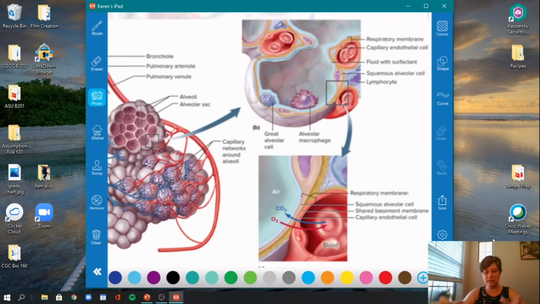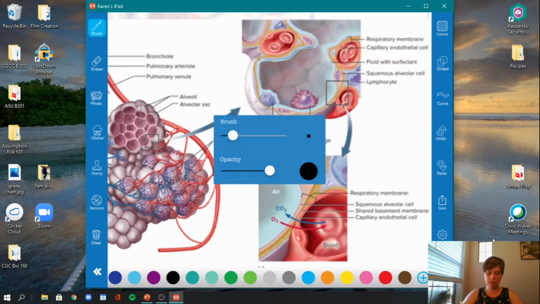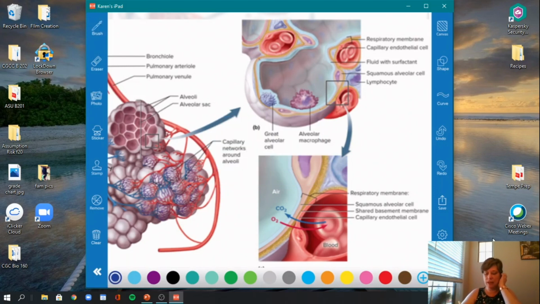So this here is a diagram of the alveoli. And if we look here, we know that oxygen and carbon dioxide are moving across those membranes. Now, looking at Henry's law, we know that you will eventually have an equilibrium.